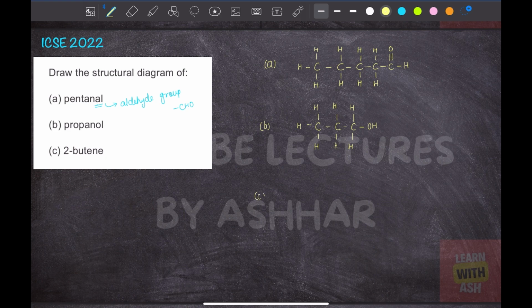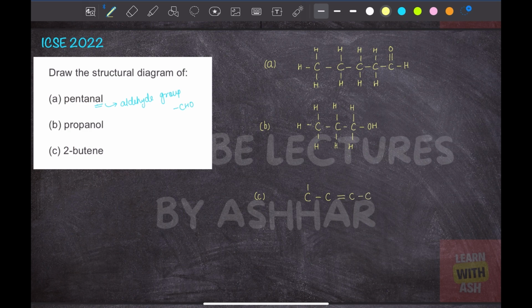Now what about the third one? It is given to us that it is 2-butene. So what does 2 represent over here? It represents that the double bond will be present between the second and the third carbon. So first, this is the third, a double bond over here, and this.